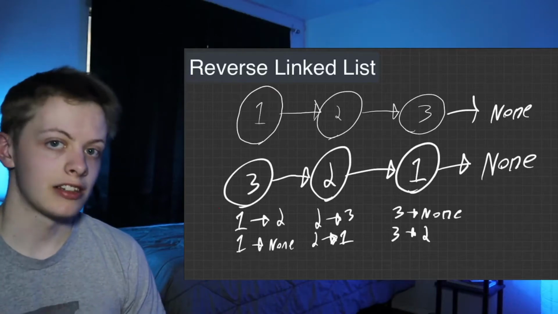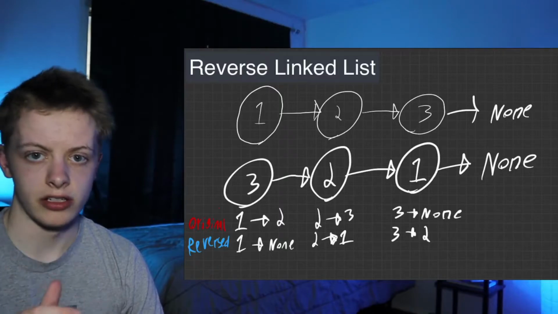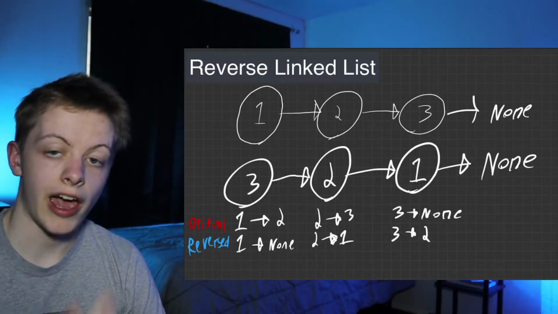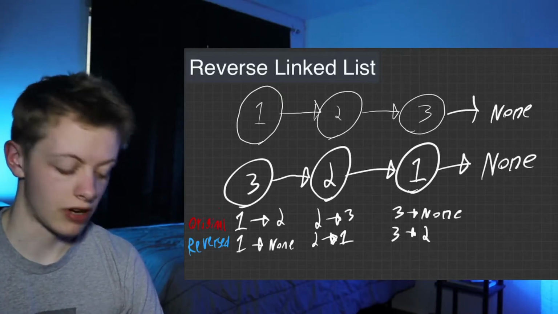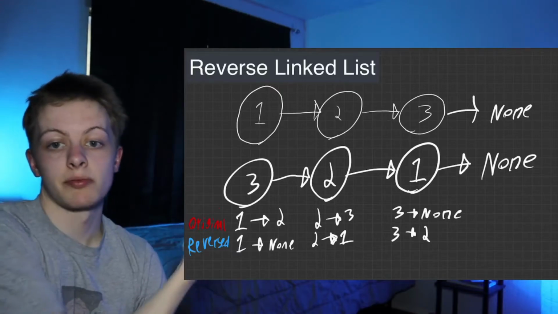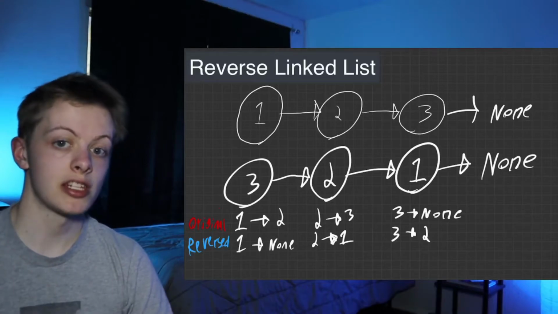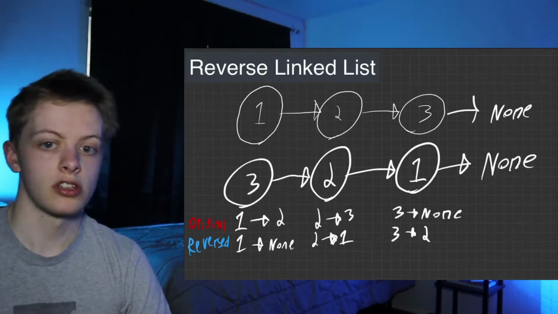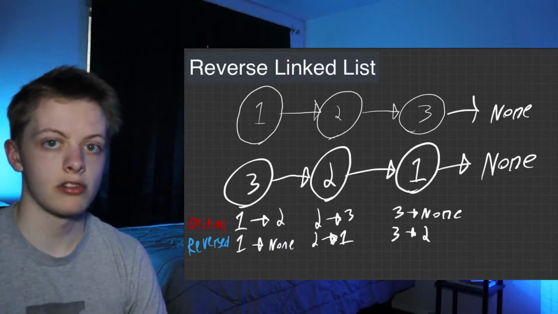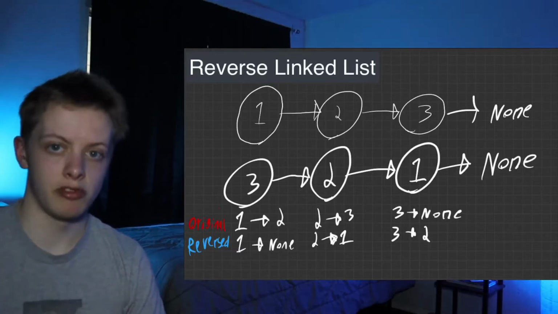Now I'm going to get into the pattern if you haven't already seen it. There's a specific pattern here that I'm going to go into. Let's go node by node through our original linked list. Pretty much imagine there was a previous pointer node. This is going to help us. The concept of previous pointers and next pointers is super common in linked list questions. So if you're ever confused as to how to approach something, try and think about if a previous pointer could help you or if a next pointer could help you.